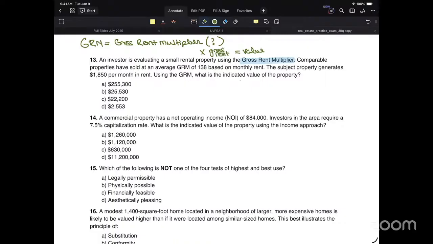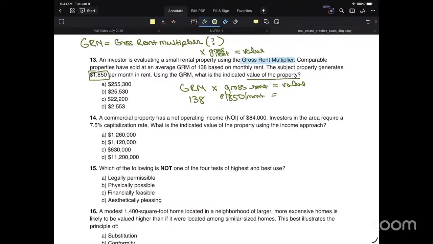That's what we're looking for, the indicated value of the property. Well, if our GRM times the gross rent equals value, we know our GRM is 138. Our gross rent is $18.50 per month.